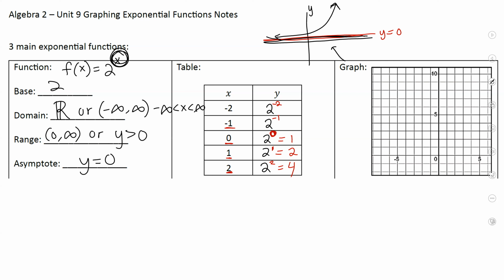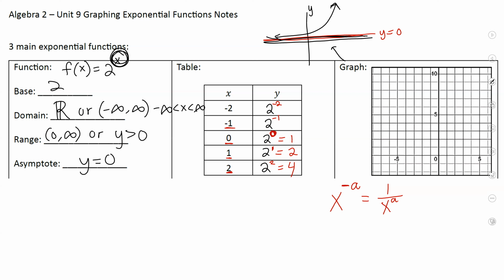Okay, now let's figure out these negative exponents. Let me remind you guys, if I have a number raised to a negative exponent, do you guys remember how we write this? Yes, exactly. I'm going to put a 1 in the numerator, and I'm going to put this x to the a in the denominator, and it becomes positive.